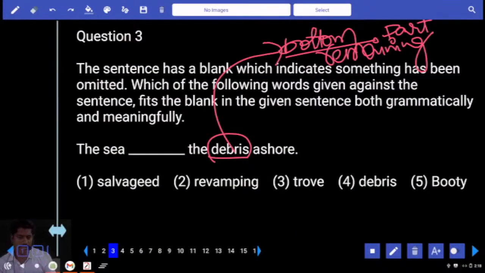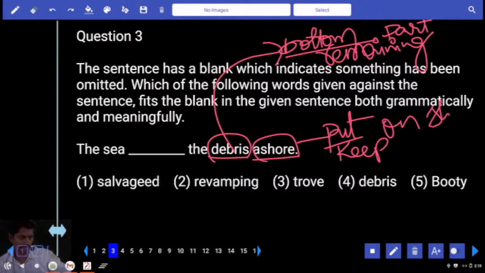The sea dash debris ashore. Ashore means put or keep on the shore. For example, a plane crashed in the sea, near the beach.